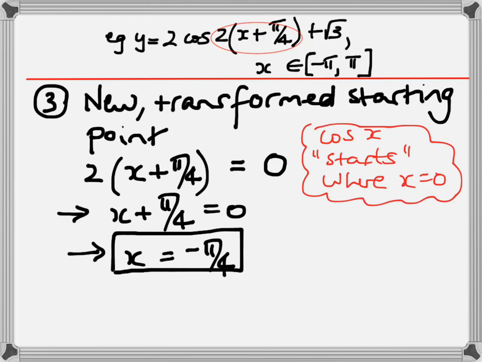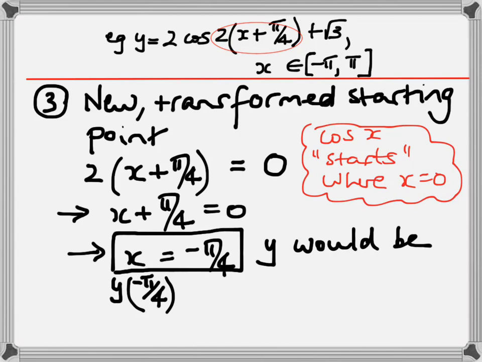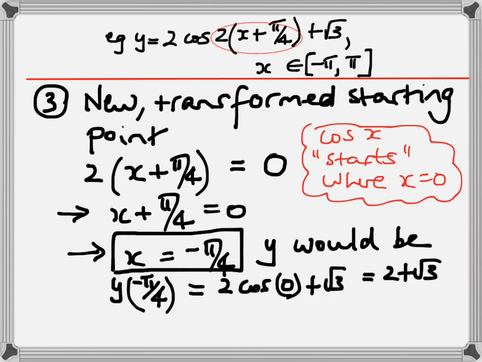Great. Now all I've got to do is get the y value for that starting point, and that can be achieved by substituting minus pi on 4 into the expression for the function. And here it comes. Okay, so it looks like it's 2 plus root 3. Now, we probably need to get an appreciation for what that number is in terms of a decimal approximation, because we need to know where it is on the y-axis for the sake of accuracy of drawing our graph.